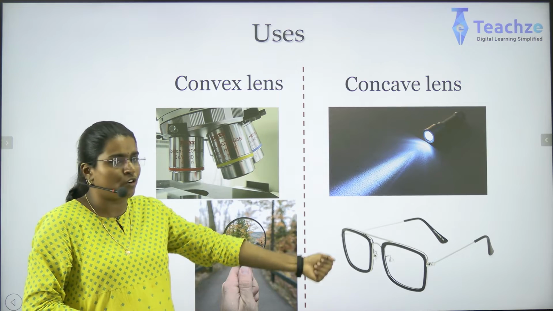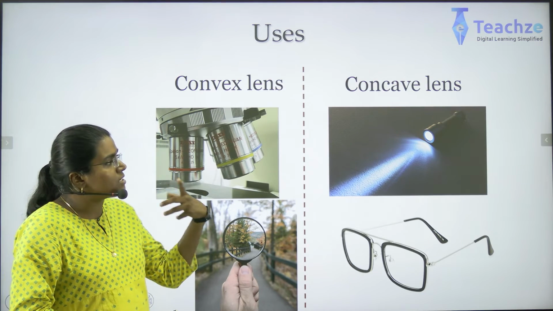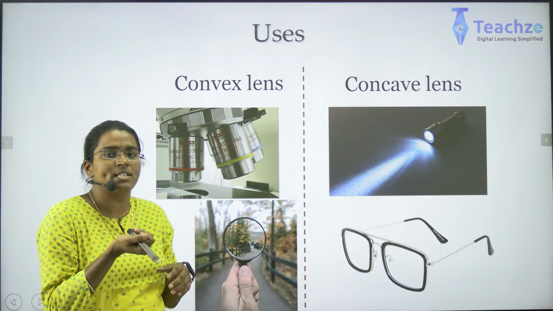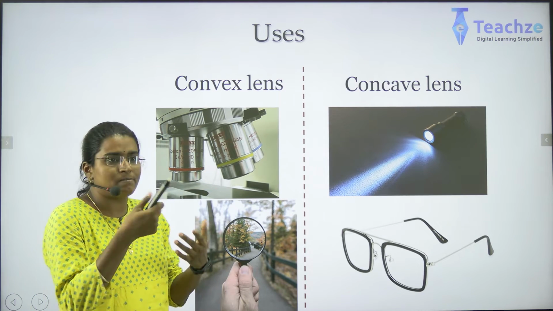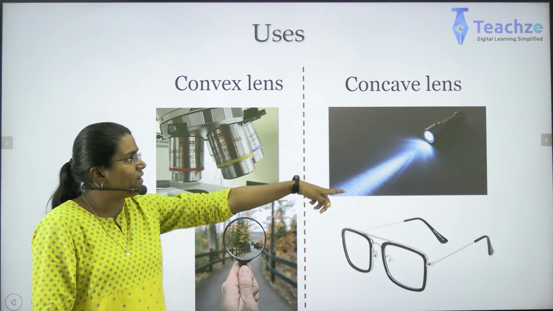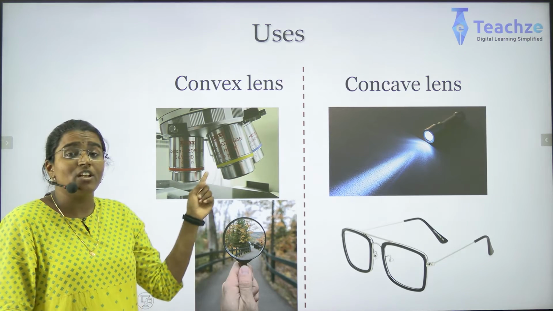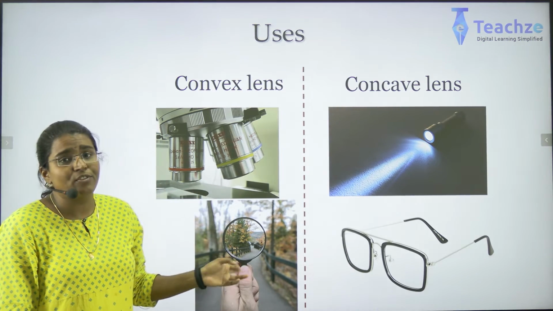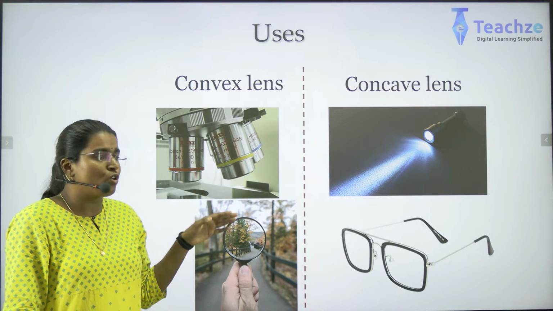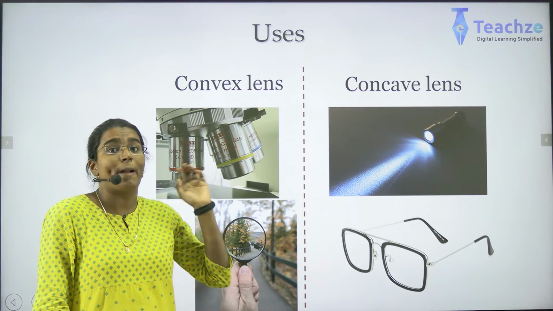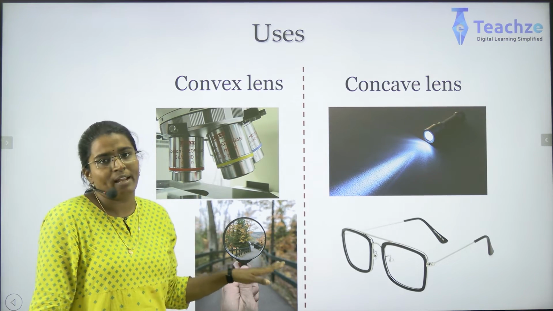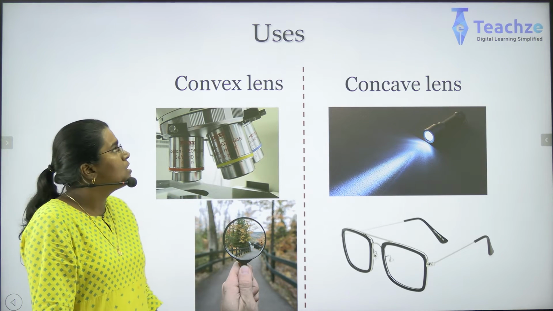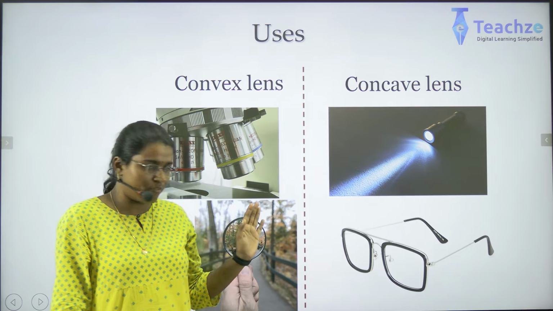Concave lenses are mostly used for specs, glasses, and torch lights, to focus light. Even headlights have concave lenses. Convex lenses are used in microscopes and for magnifying things. In a microscope and even a telescope, you can magnify things easily and see an enlarged image. So these are the uses of concave and convex lenses.